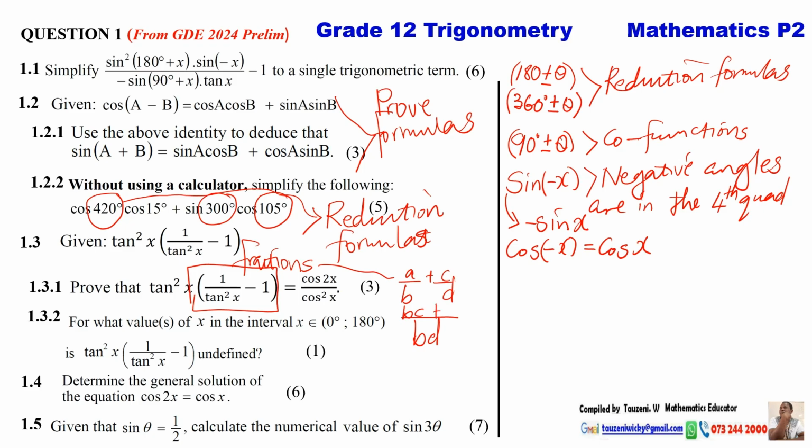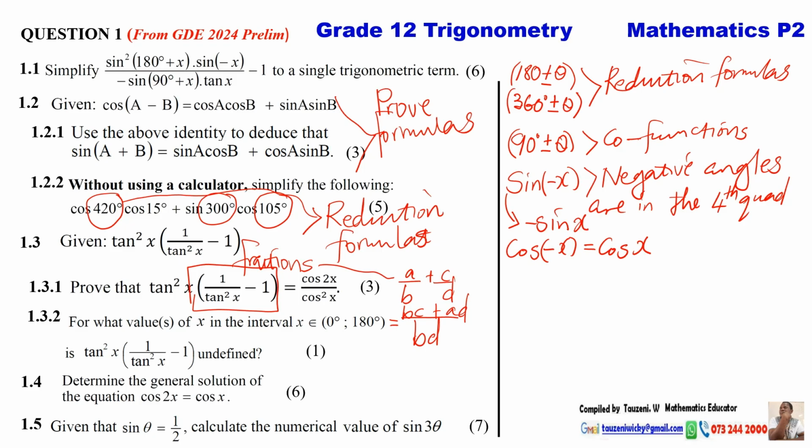So our answer is bc plus ad over bd. This is addition of fractions. Or we may say you make the denominators the same and then add or subtract the fractions.